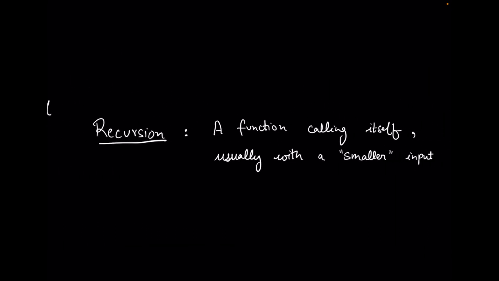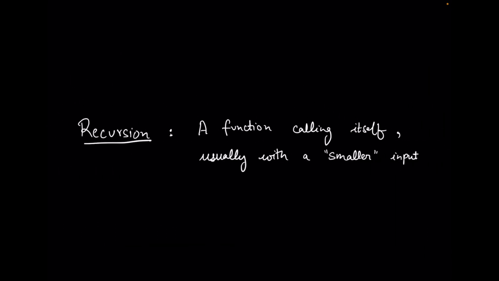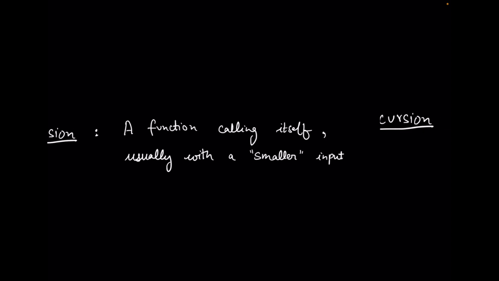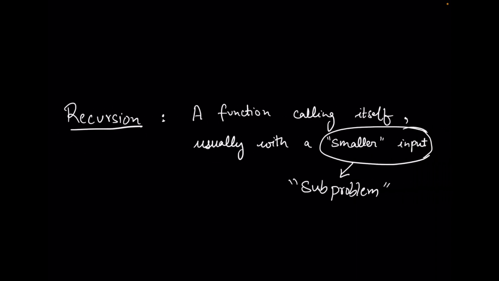So recursion is just a function calling itself, usually with a smaller input, right? This smaller input is what many times computer scientists or software engineers refer to as a subproblem.